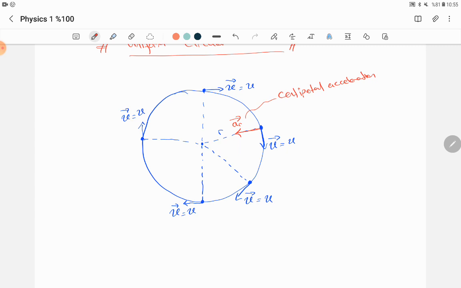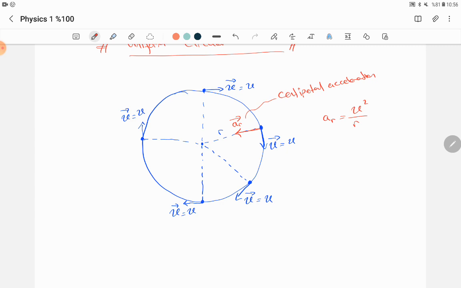Its direction is toward the center of the circle, and its value is v squared divided by the radius.